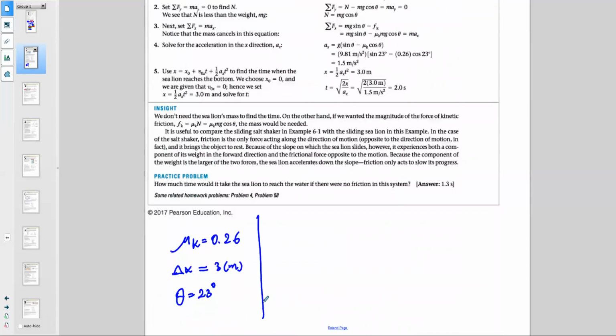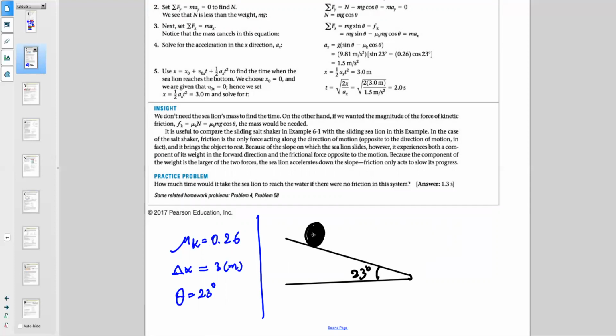now we know that along the y direction, we actually have that. It's not bad, it's good. So this is 23 degrees. This is the sea lion.